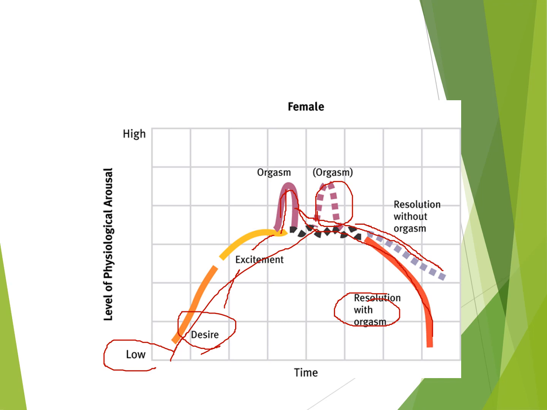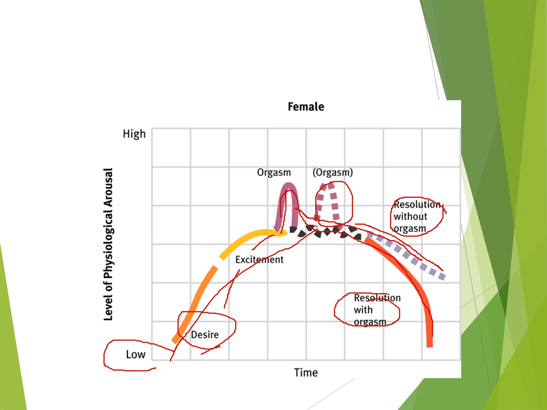No, but we are saying that it is okay if that is a normal experience: you had your desire, you went through an excitement, you had your plateau, and it's possible that you resolve without an orgasm. However, there could be people who have various issues around this, and for that reason, they resolve without orgasm, not because it's normal for them, but maybe because they're experiencing a few issues or stressors.